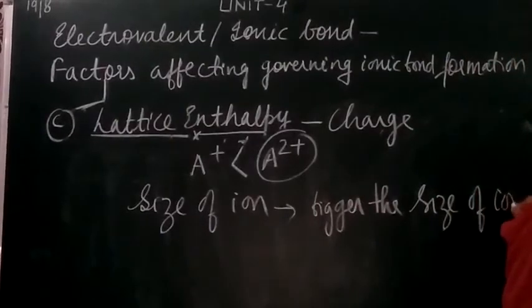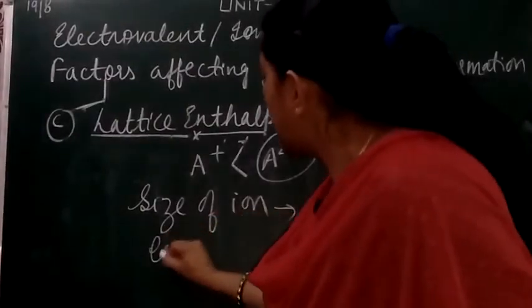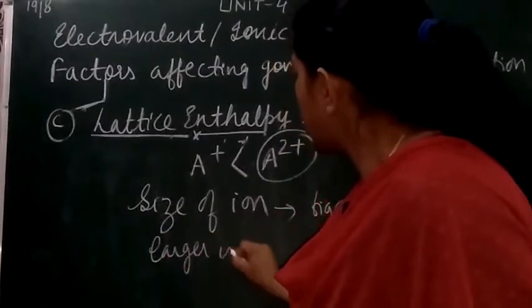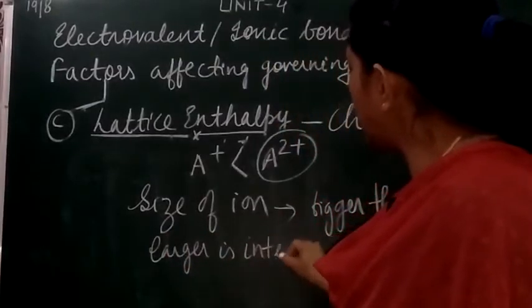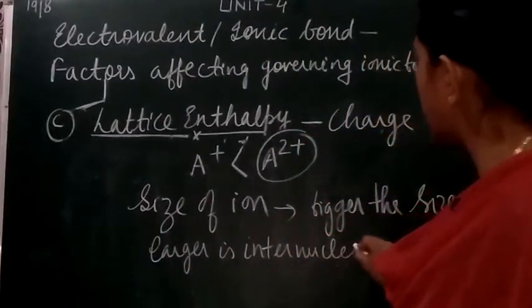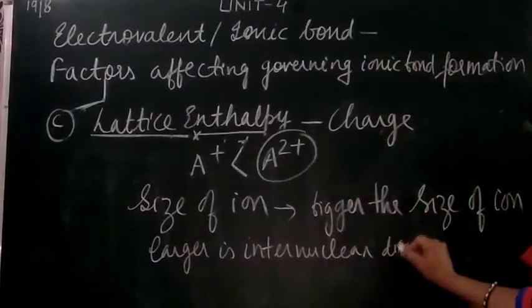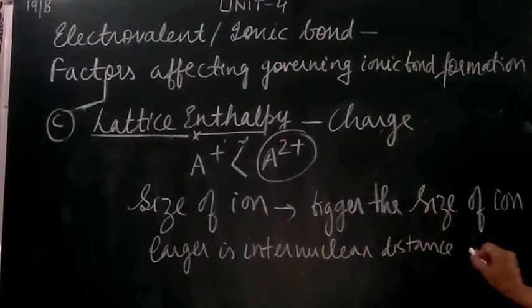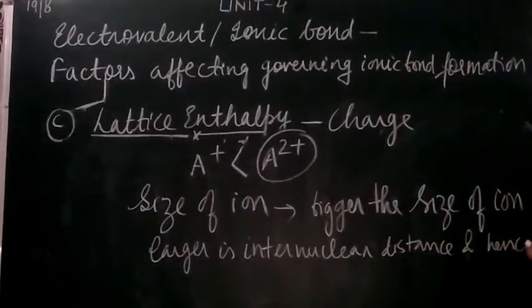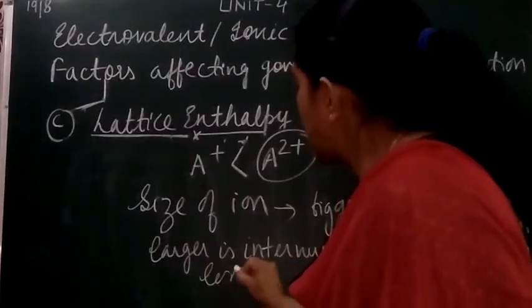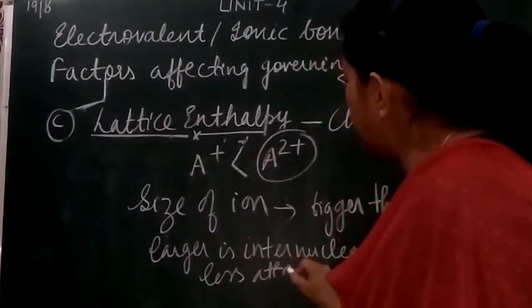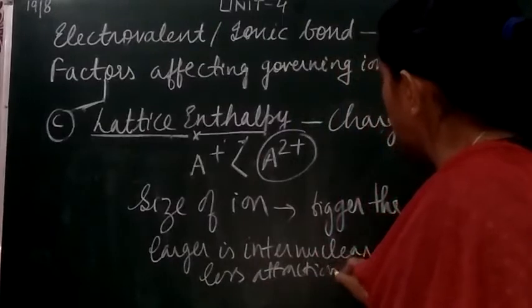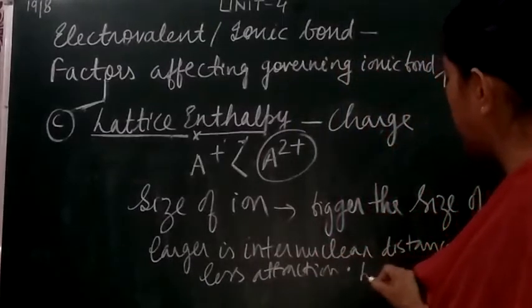So the bigger the size of ion, the larger is the internuclear distance, and hence less attraction. So if the attraction is less, what will happen?